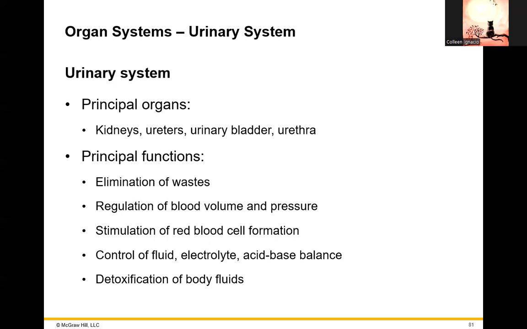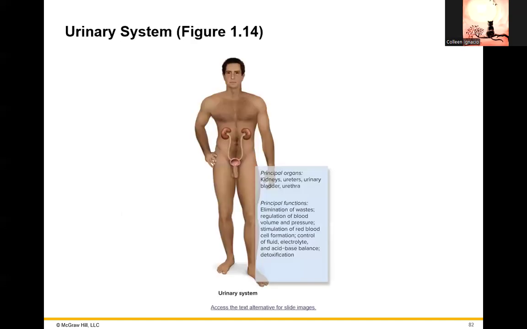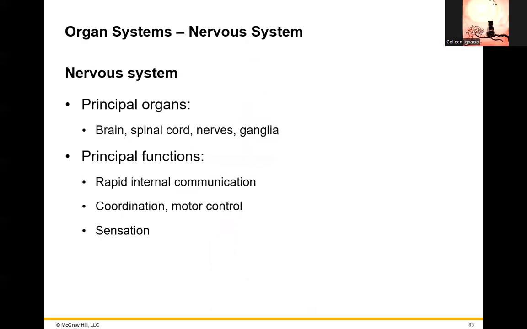Okay, the kidney or urinary system functions also to help control fluid, electrolytes, and acid-base balance. And it also helps to detoxify our body fluids. Okay, so here's a great picture of the urinary system: kidneys, ureters, bladder, and urethra.